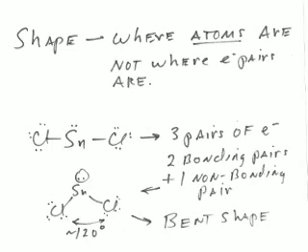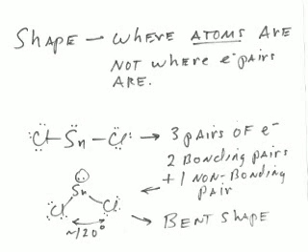So when we look at atoms and molecules, what we are actually seeing is where the atoms are. And so when we talk about shape, we're talking about the arrangement of the atoms in the molecules, not the arrangement of the electrons. The electrons might be deciding where everything is ending up, but they are not the shape of the molecule. The shape of the molecule is where the atoms are.